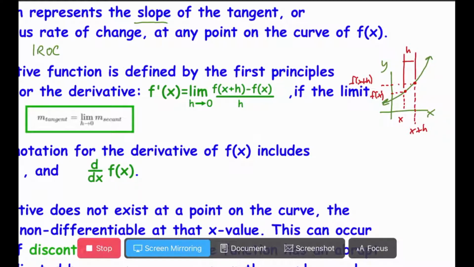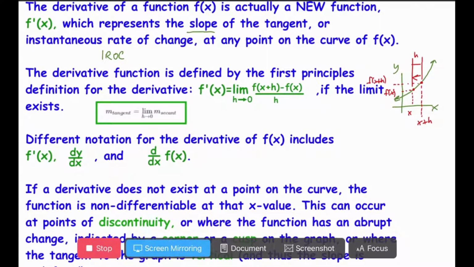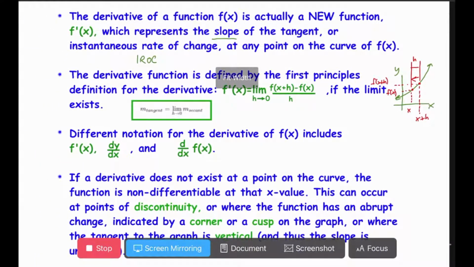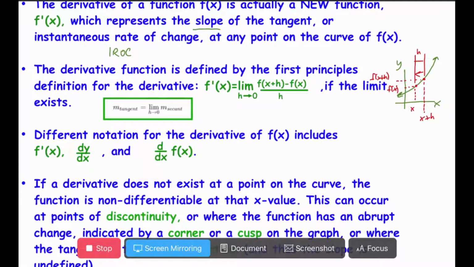We're letting h get vanishingly small, so we're moving this line closer and closer. So that's what it looks like visually. If the limit exists, the slope of the tangent is equal to the limit as h approaches 0 of the secant. So we're taking our two dots and bringing them so close together that they are basically in the same location.